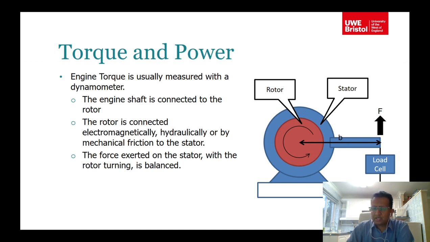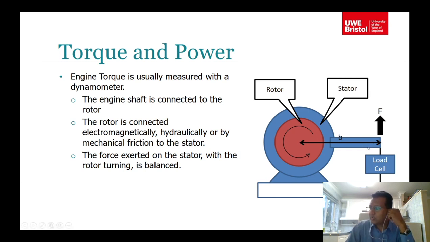If you apply a torque here, that load can be counterbalanced by a load using an extended shaft. The rotor is connected electromagnetically, hydraulically, or by mechanical friction to a stator. This load could be mechanical friction, electromagnetic force, or hydraulic force.